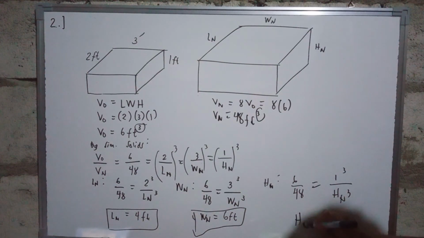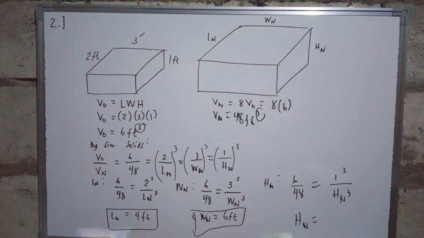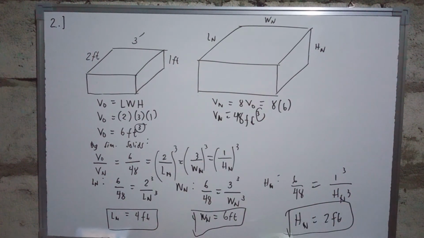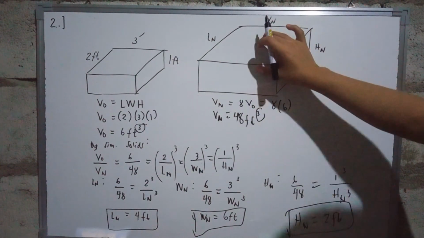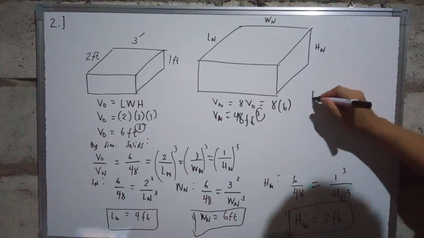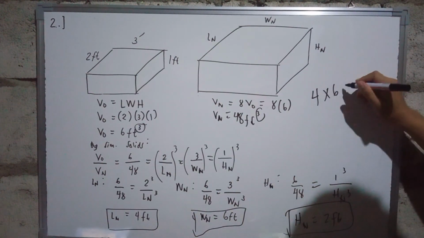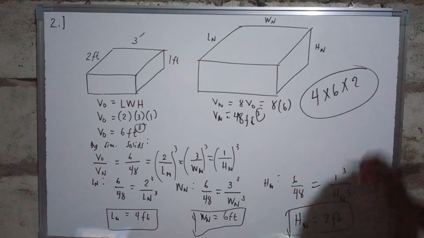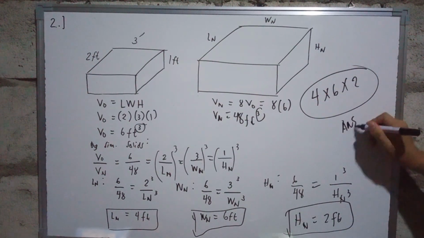So, the value of our h sub n is now equal to 2 feet. So, yung final answer natin for the dimensions of our new packing box is 4 feet by 6 feet by 2 feet. So, yan yung magiging final answer natin.